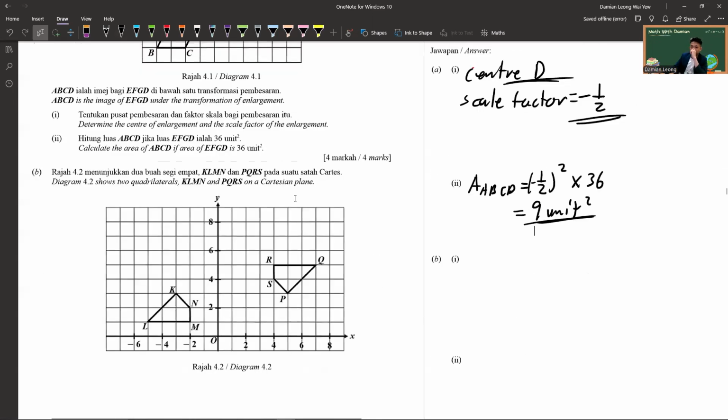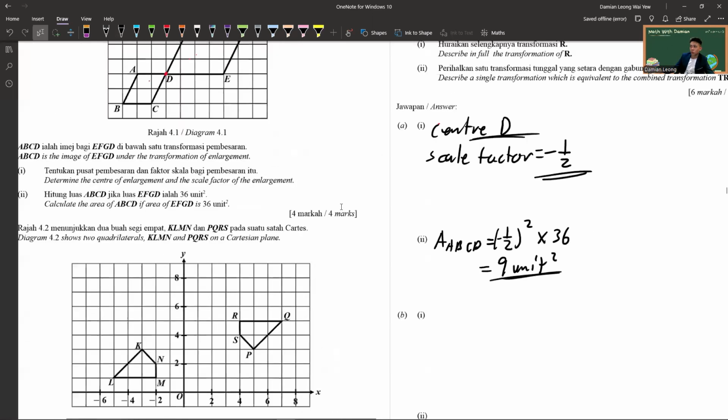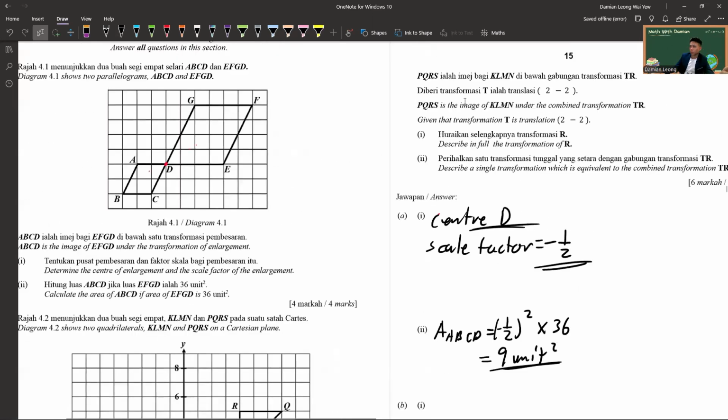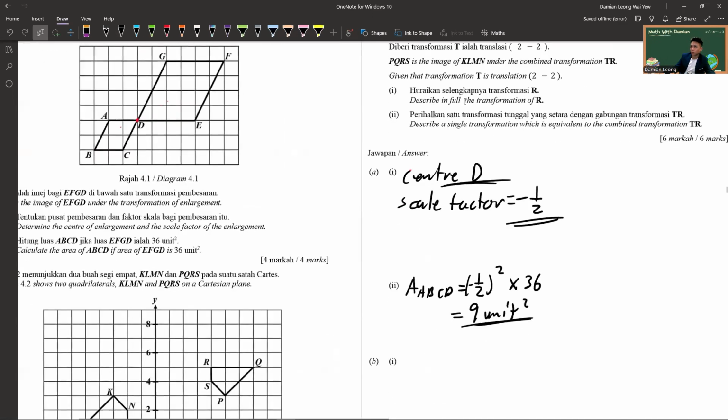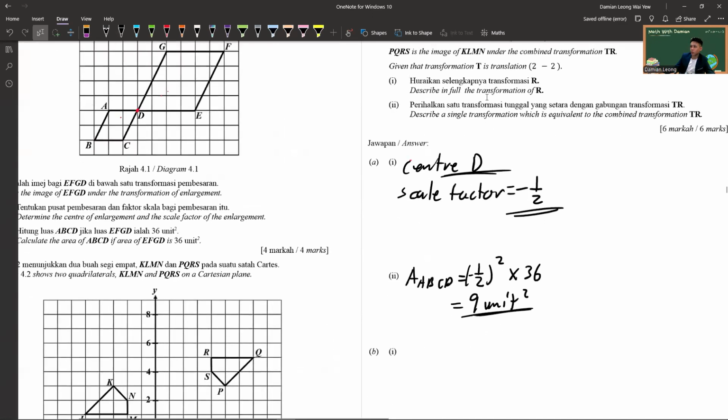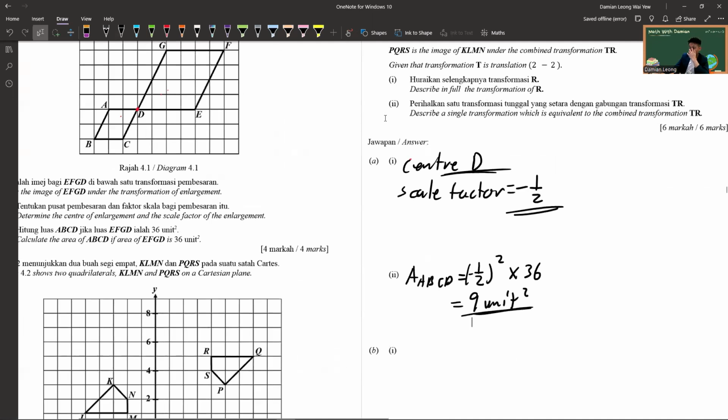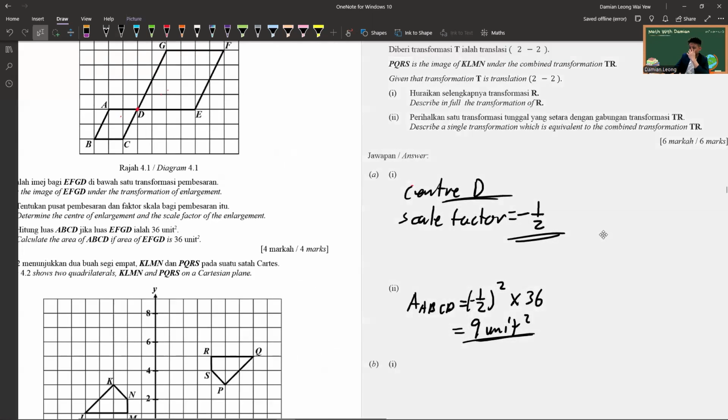Then part B. I have two quadrilaterals here, KLMN and PQRS on the Cartesian plane. PQRS is the image of KLMN under combined transformation TR. Okay, let me shift this a bit lower.